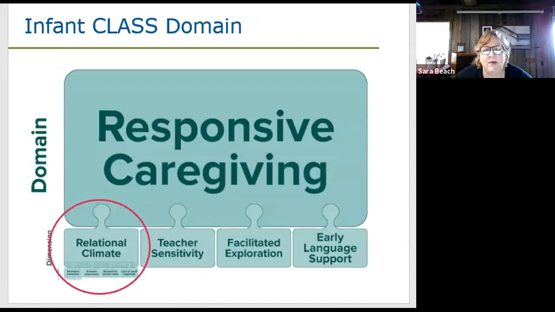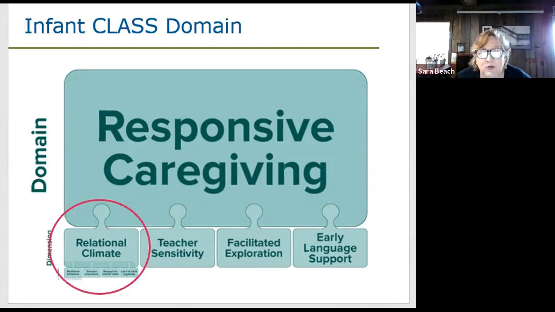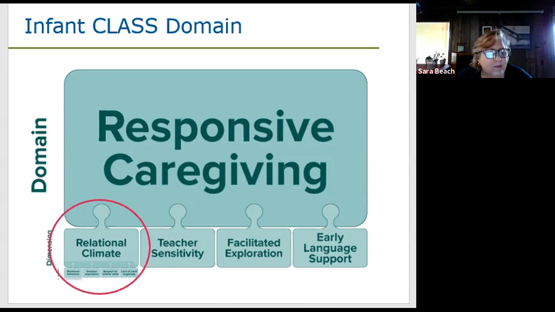When we're talking about responsive caregiving, we're talking about the relational climate that we set for them. We're talking about teacher sensitivity. There's a dimension called facilitated exploration, which is the learning dimension. It's how teachers help children explore and learn. And then we're talking about what teachers do to support language.